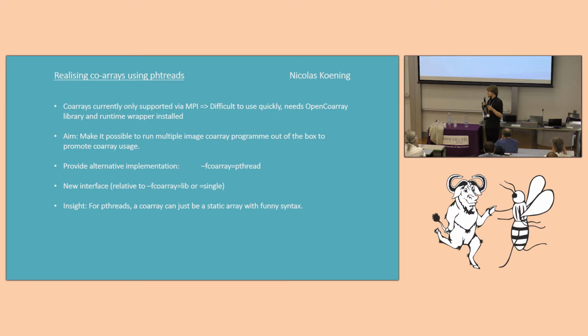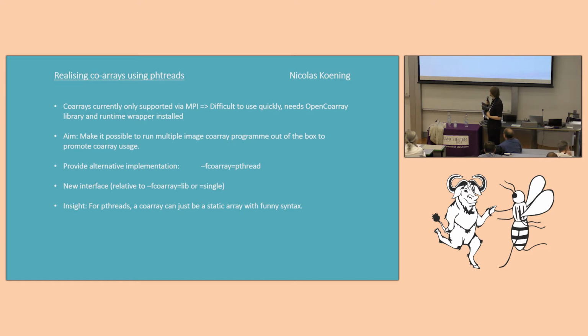And the only things that are shared between those so-called images are the co-arrays, and you can cross-wise index them, right? You can access the data from one co-array put in that one image. You can access that from another image.